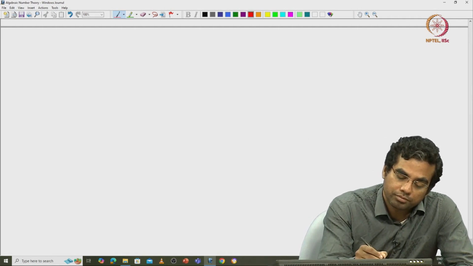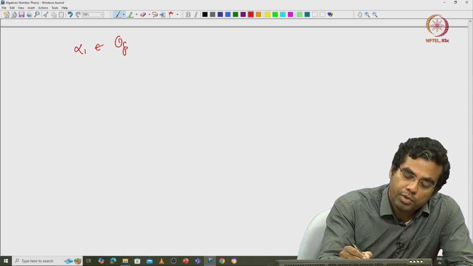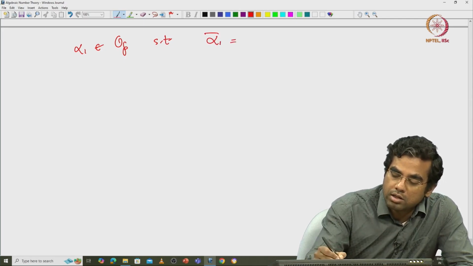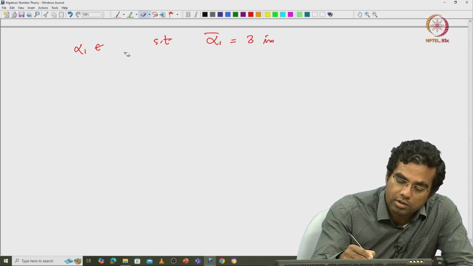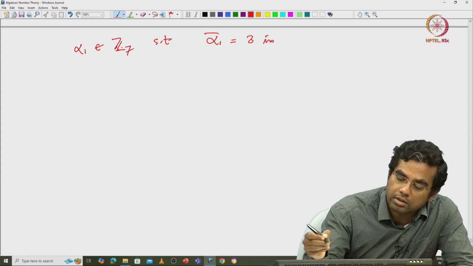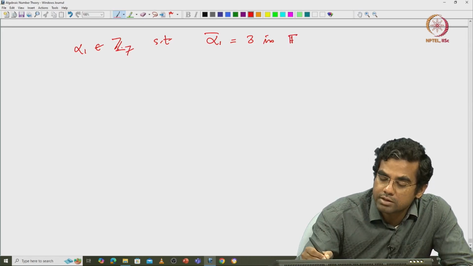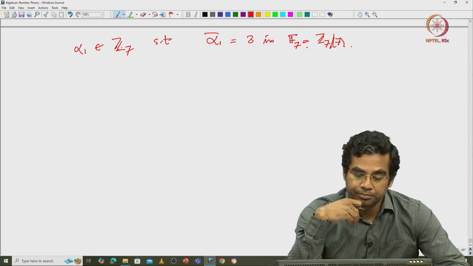So alpha 1 is in Z_7 such that alpha 1 bar is equal to 3 in F_7, which is Z_7 mod 7. I will write it this way.